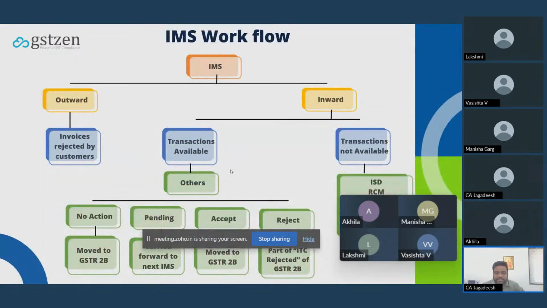So we'll see the IMS workflow. As we discussed in the previous slide, we have IMS in both outward view and inward view. In the outward view, the supplier can view all the invoices rejected by the customers.